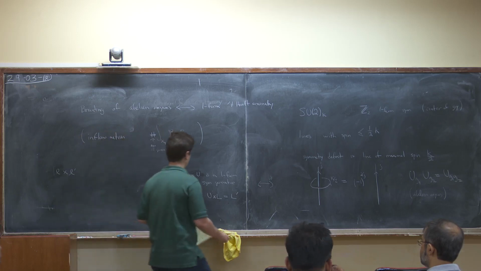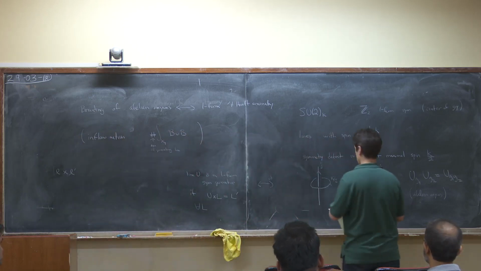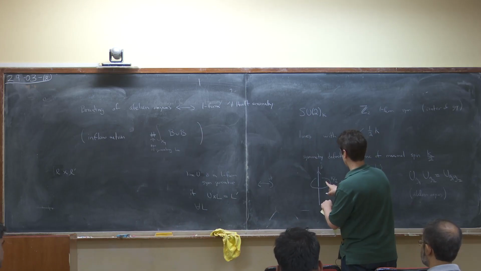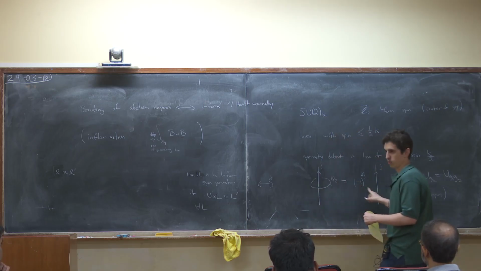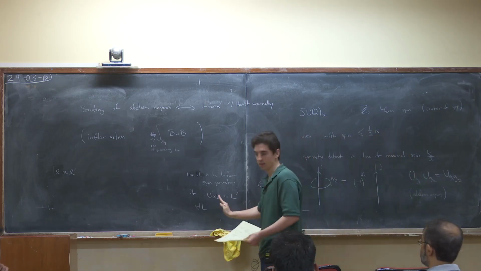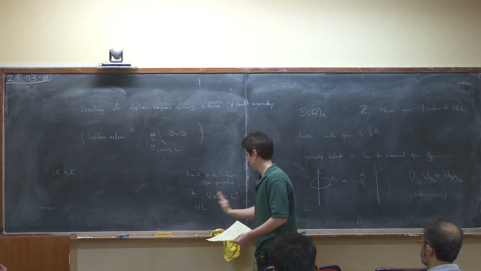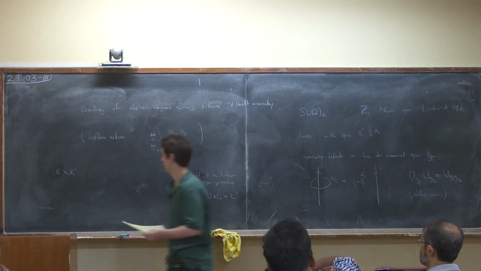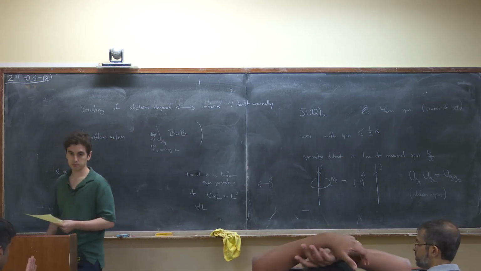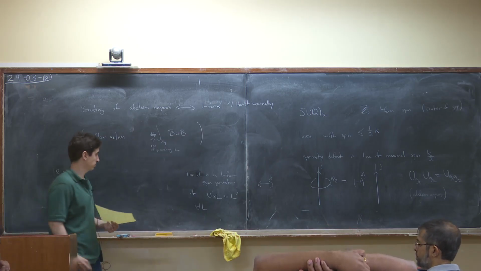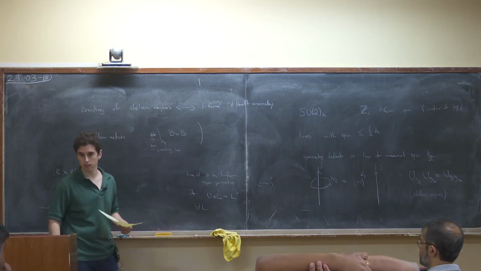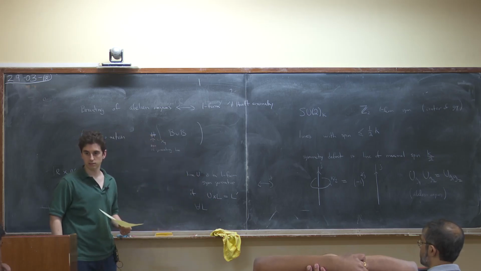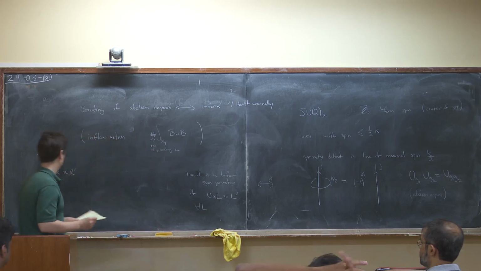I'm replacing the criterion that these braid around something to give a phase with the criterion that their fusion with anything gives you a unique thing on the right-hand side. But this L has to range over all the lines in the theory. Let me show you the SU2 example.